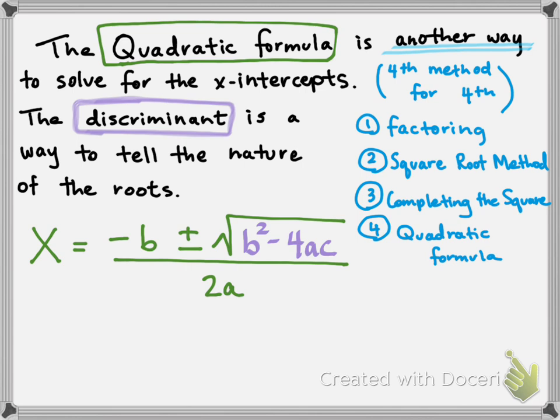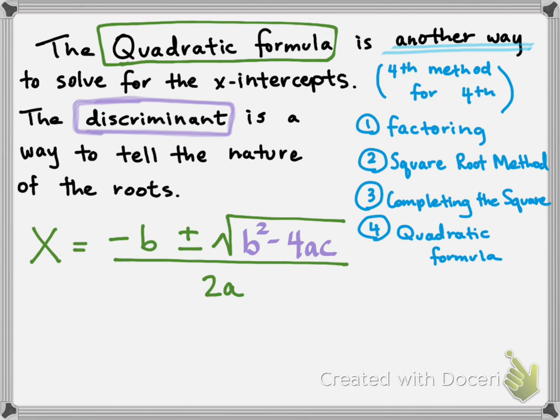The discriminant is a way to tell the nature of the roots. The discriminant is part of the quadratic formula. As you see in green and in purple, the quadratic formula is everything in that statement. X equals negative b plus or minus square root b squared minus 4ac all over 2a.